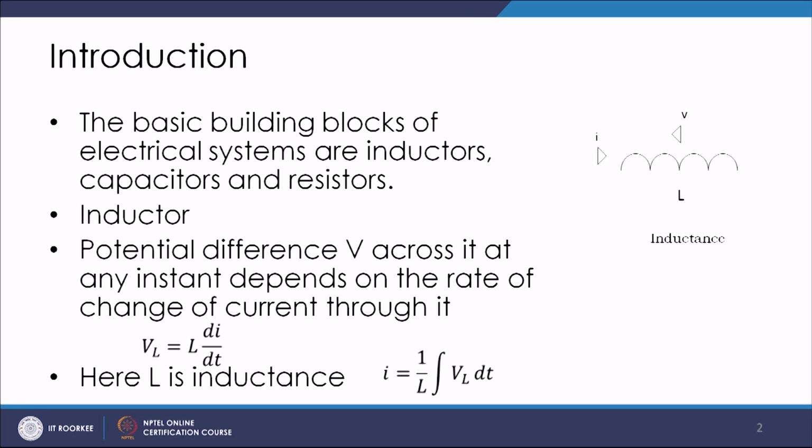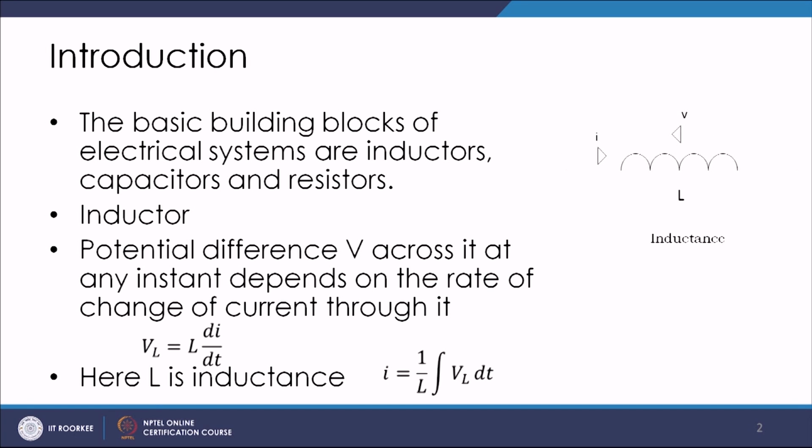So, if a current I passes through the inductor, and the rate of change of current is di by dt, then that into L gives us the voltage across it. The sign you are seeing is for the back EMF, which is in the reverse direction of the applied voltage.